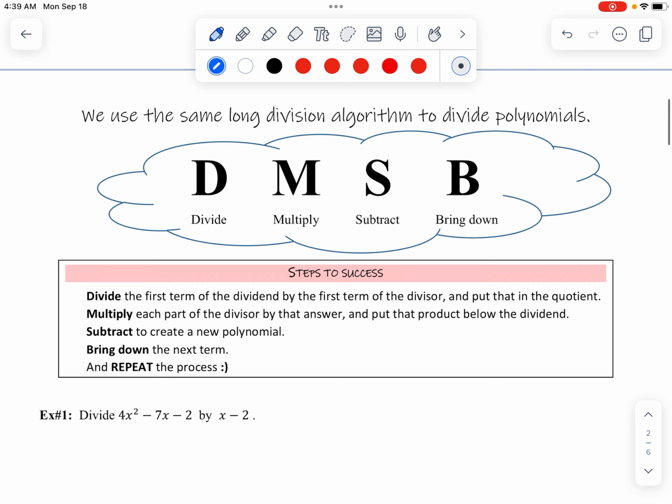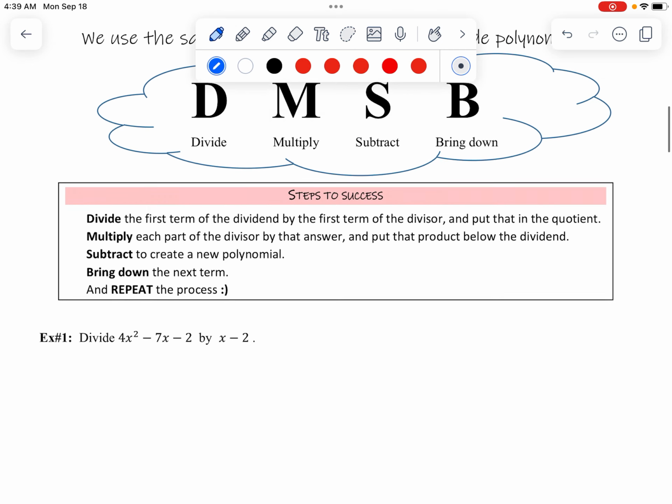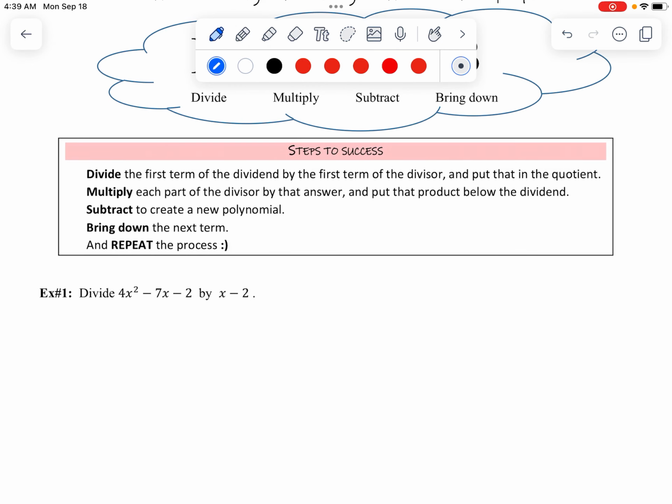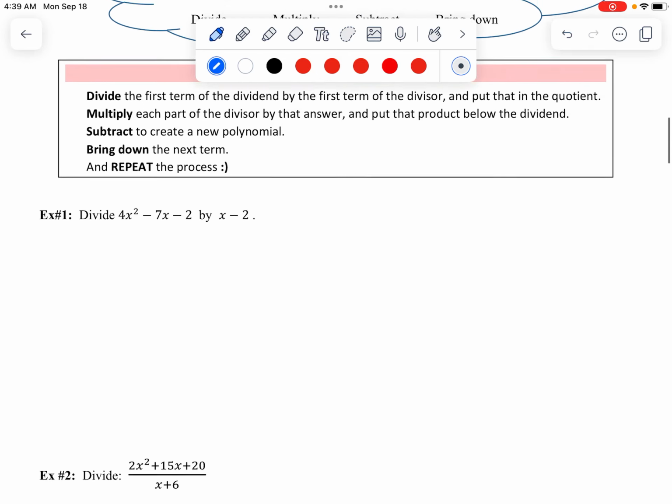Okay, so this same algorithm, the long division, divide, multiply, subtract, bring down, we're going to use the same 4 steps when we divide polynomials. The difference is that now we're going to be working with variable terms instead of just numerical terms. But we have to set it up in the same way.